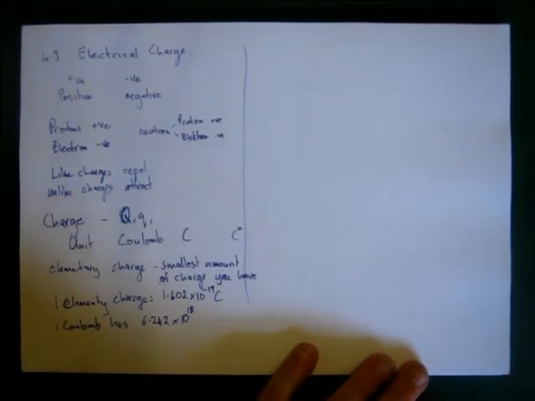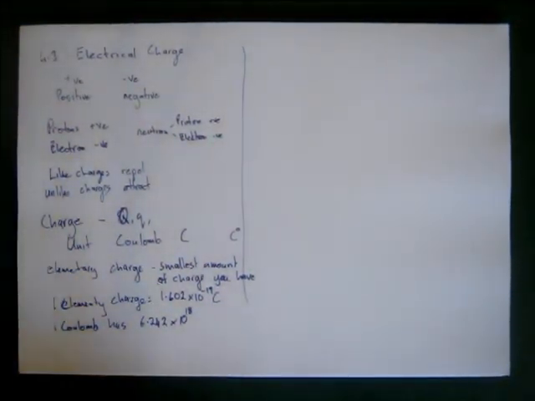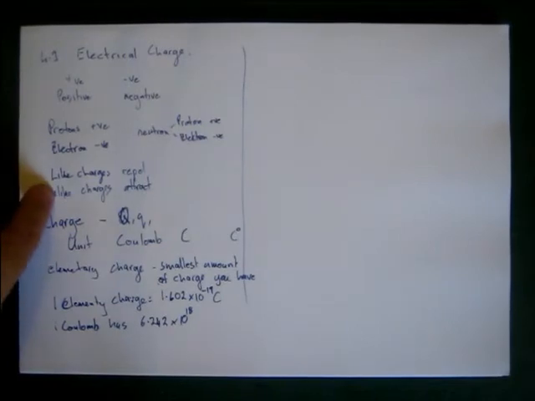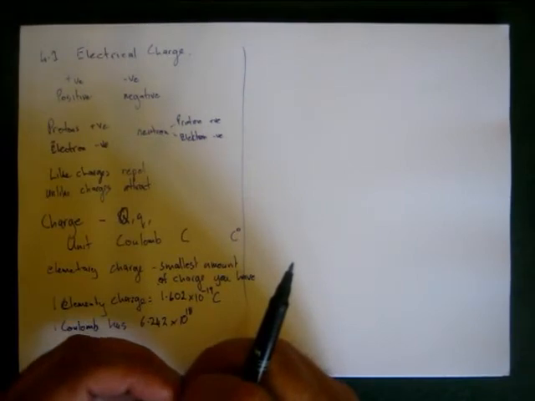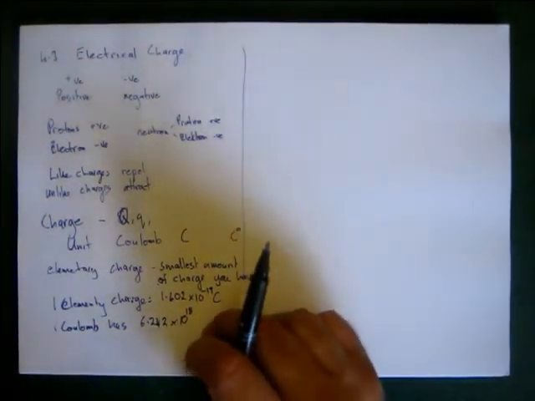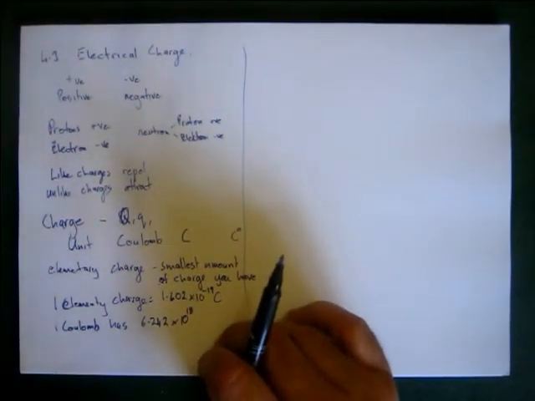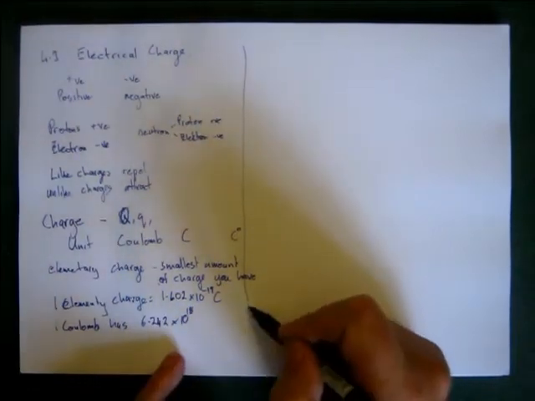And strangely enough, 1 Coulomb of charge is actually a very large amount of charge to have separated, because unlike charges, positive and negative charges, attract, it's very hard to separate them. So 1 Coulomb of separated charge is actually a very good amount.